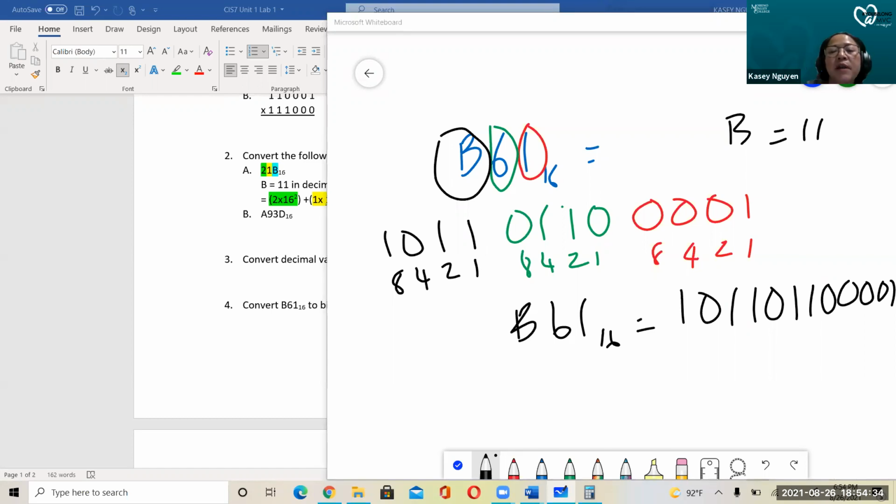Yeah, so this right here is just a scale. This part right here, remember the table that we use? This is a decimal equivalent scale.